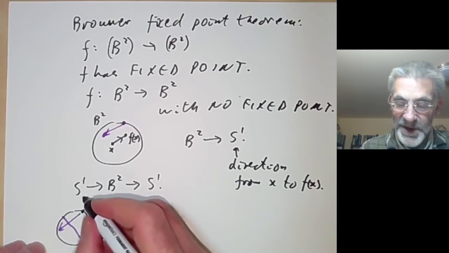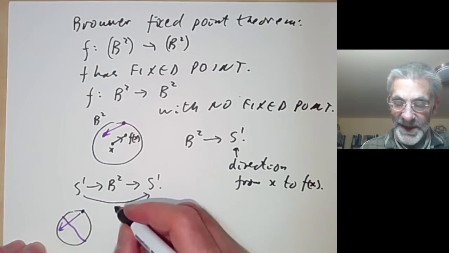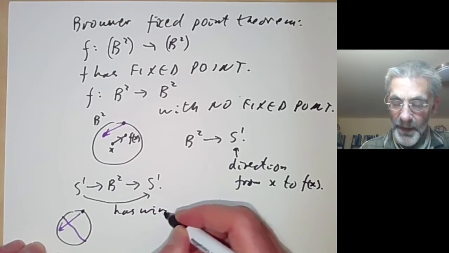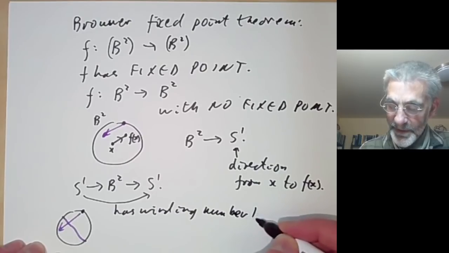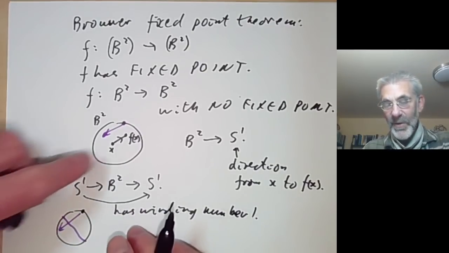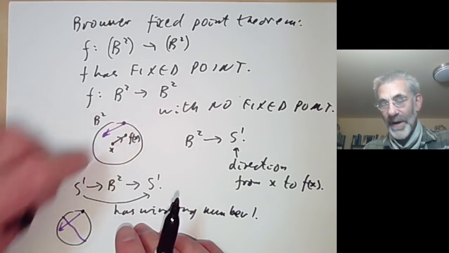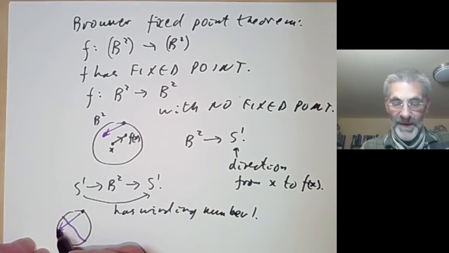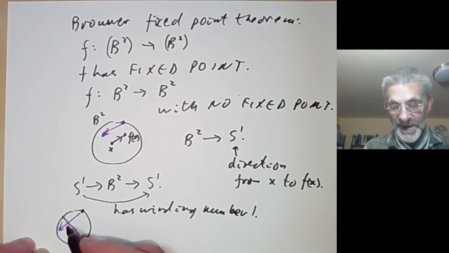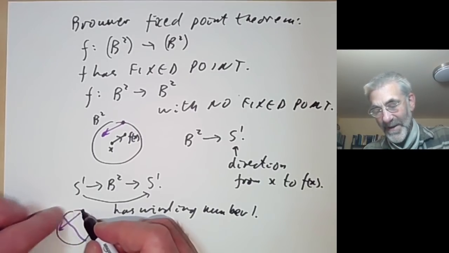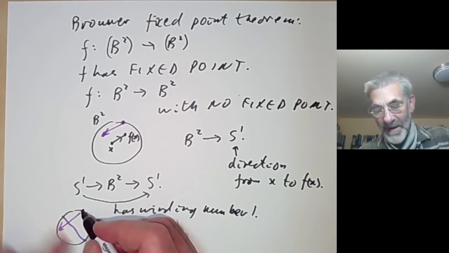Well, this is enough to show this map from S1 to S1 has winding number 1. Because as you go once around S1 clockwise, the image of these points must also go once around S1 clockwise, because you're always in the opposite semicircle from your point.